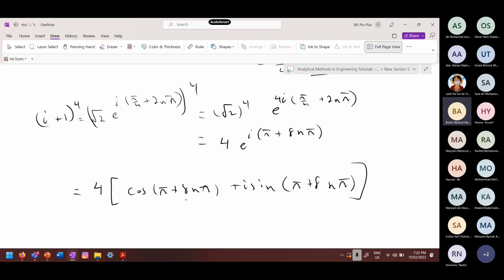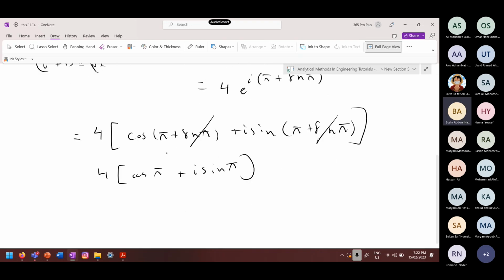You can just cancel anything that's related to n pi, anything similar to 2n pi. As long as it's an even multiple, 2n pi, 4n pi, 8n pi, whatever, you can just cancel it, because that's also equal to 0. So you'll have 4 cosine pi plus i sine pi.